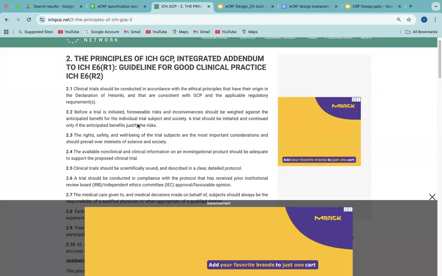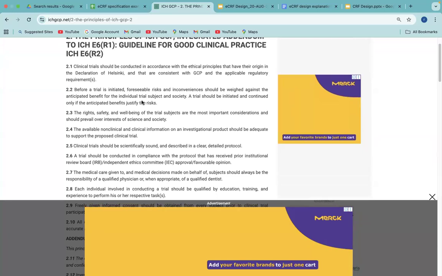The available non-clinical and clinical information for any given trial product, we should always have complete information about. Clinical means what kind of adverse event it can give or what kind of therapeutic benefits it gives to the patient. Non-clinical means related to the particular molecule, like the strength of the molecule and the features of this molecule, whether it's a carbohydrate or a protein, whatever.